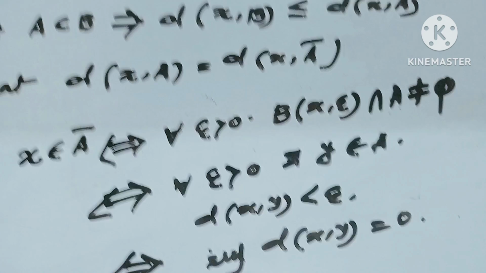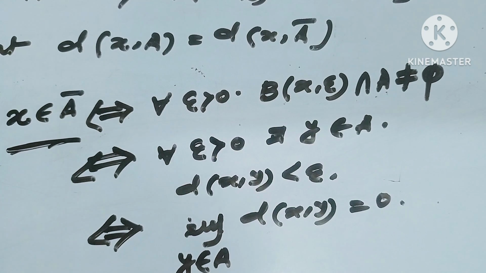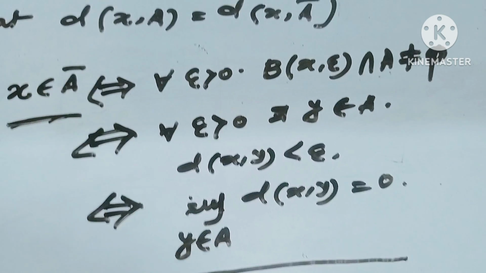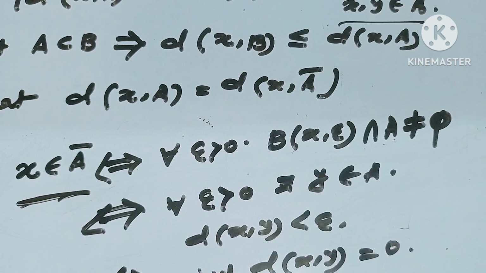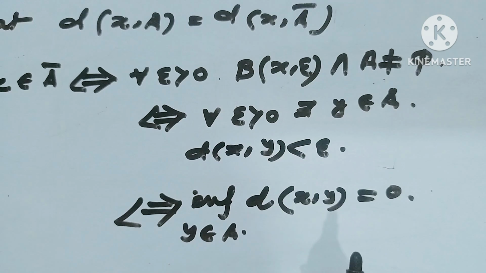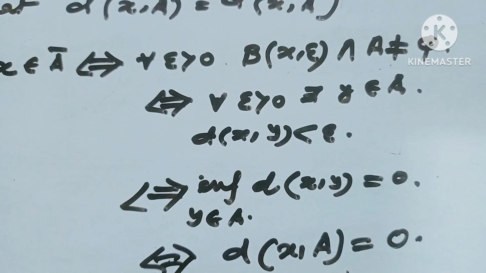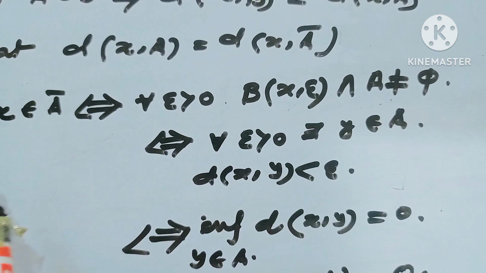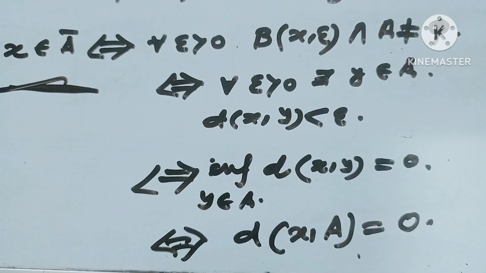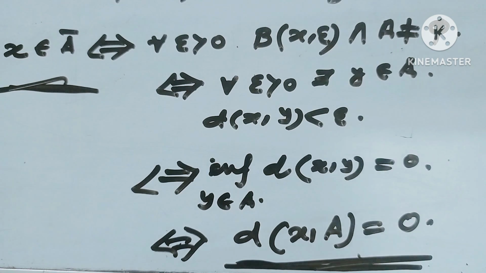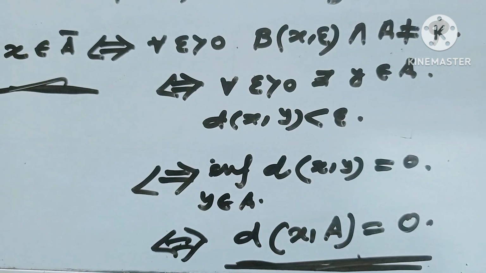So, if x belongs to A closure, that means infimum over y belongs to A of d of x comma y equals 0. I hope all my viewers have understood. This is a very easy type of proof. Infimum over y belongs to A of d of xy equals 0 means d of x comma A, where A is the set, equals 0. That means this is an if and only if condition. If x belongs to A closure, then d of x comma A is 0. Or if d of x comma A equals 0, that implies x belongs to A closure.